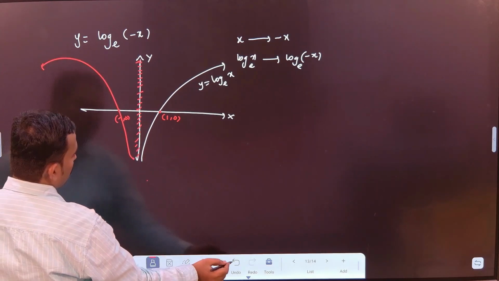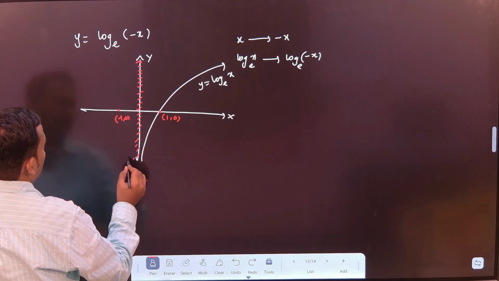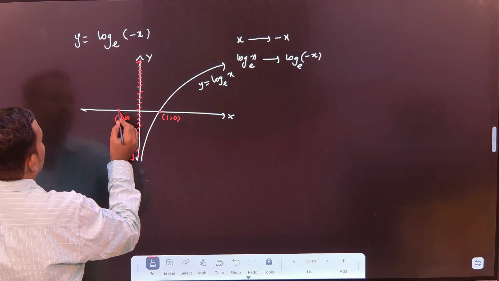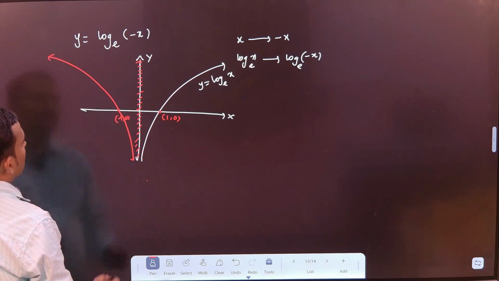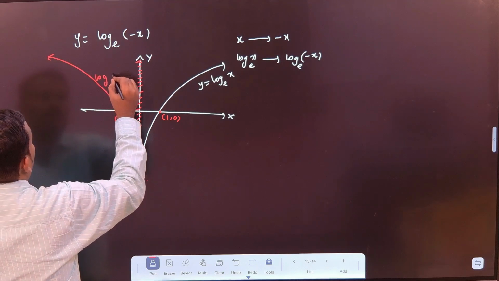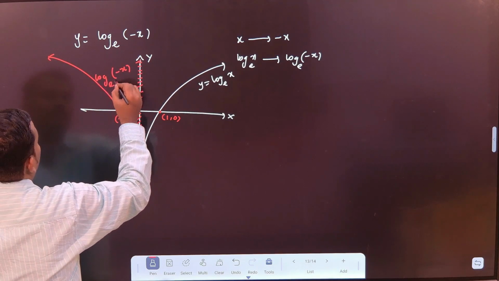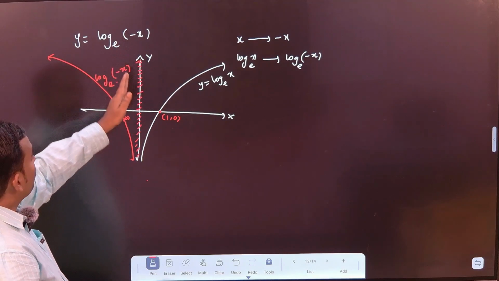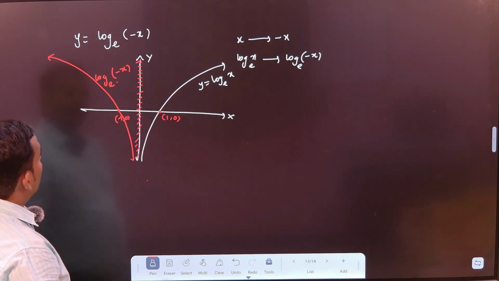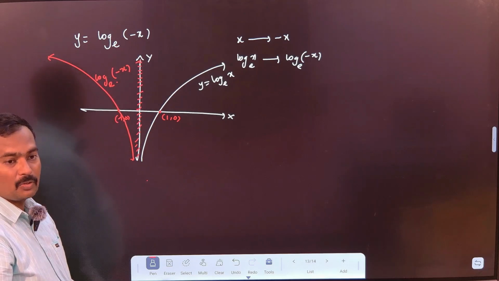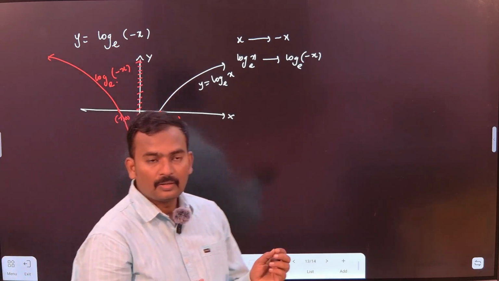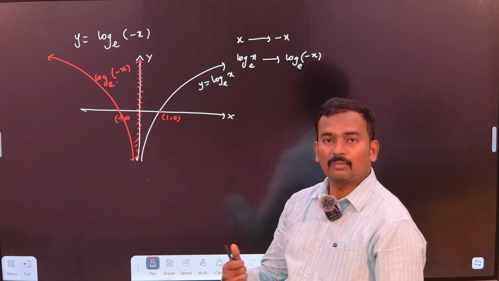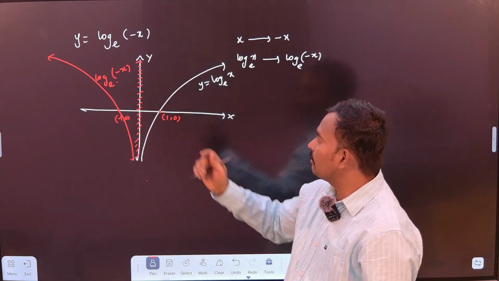Check it correctly. This portion will be reflected like this, and this will be like this. This is your log minus x base e graph, because you have to take only the negative x values, then only it is defined, right? Because x cannot be negative. So if you take a negative value, the input will be positive. So log will be defined. This is your y axis, the mirror.